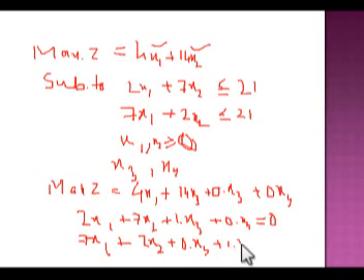You can also see that 1 0 and 0 1 form two linearly independent vectors, so you can use x3 and x4 as basic variables. So let's start now.